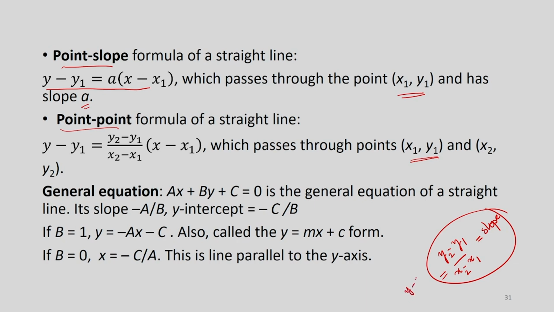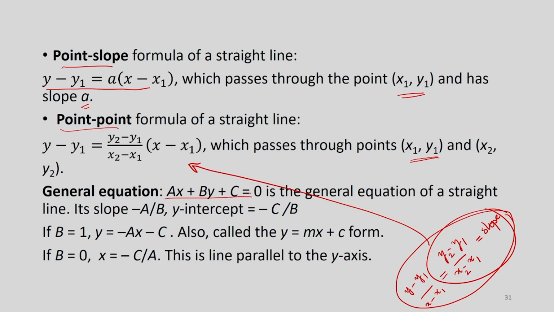So, y minus y1 divided by x minus x1 should also be equal to this, and then from this entire thing we get this form, that y minus y1 is equal to y2 minus y1 divided by x2 minus x1 whole thing multiplied by x minus x1. So, these are the two formulas of straight lines. Now, what is the general form of a straight line's function, which is linear? So, this is the general form.